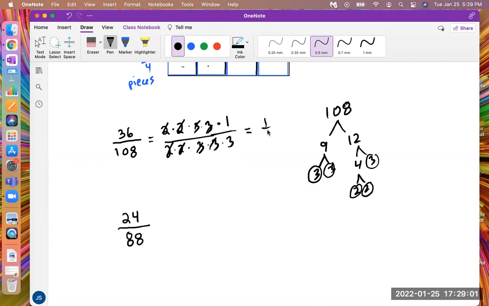It's just a placeholder. You can't have nothing in the numerator. So 36 over 108 reduces to 1/3. That's my first problem, all done.